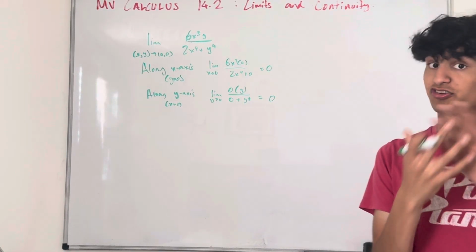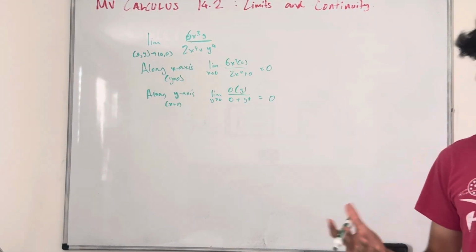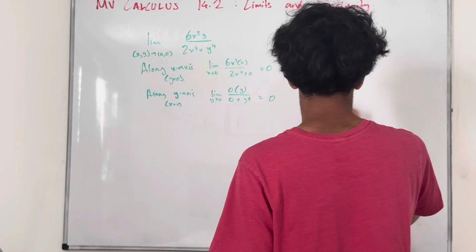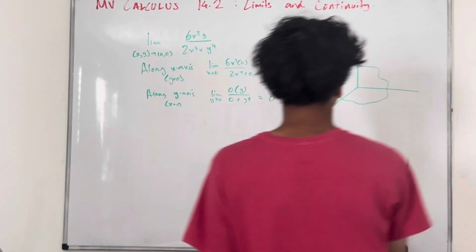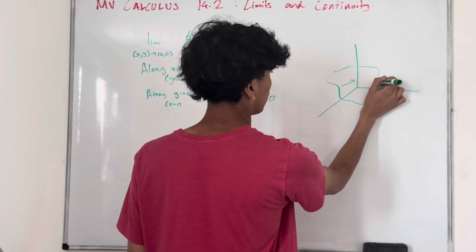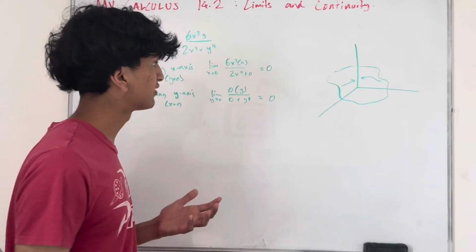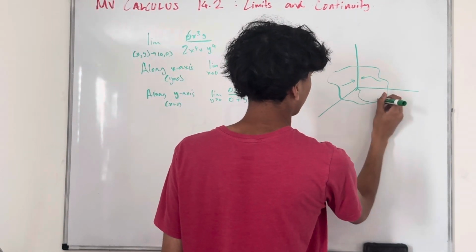Well, there are other paths, right? You can take any kind of path along the xy grid. I don't know what this surface really looks like, but I could go along the x-axis, I could go along the y-axis, and maybe there'd be a bump here and I would have to go up. I could also go in a path like this, or like this.